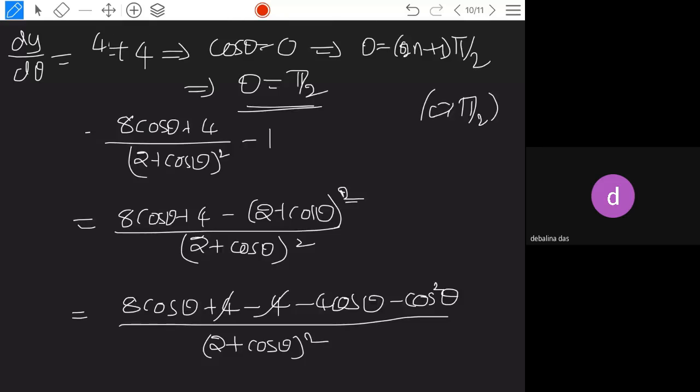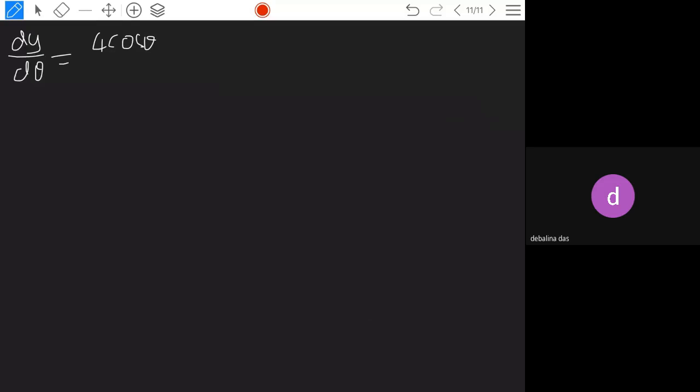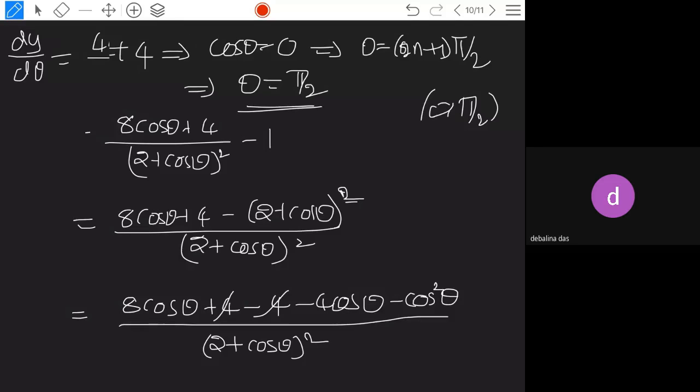Therefore dy by d theta is equal to 8 cos theta minus 4 cos theta, that is 4 cos theta minus cos square theta, divided by (2 plus cos theta) whole square.